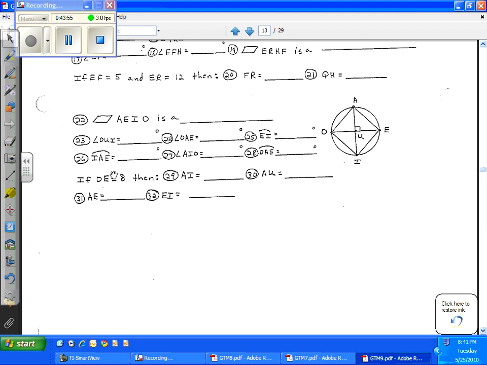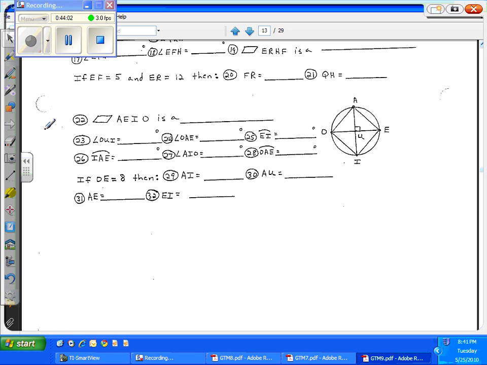The diagonals are perpendicular. See the 90? These are all radii, so they're equal. The diagonals bisect each other. That makes it a parallelogram. They are equal and bisect each other.